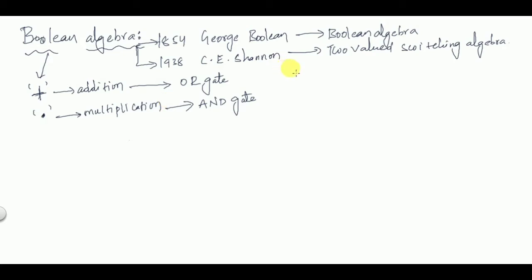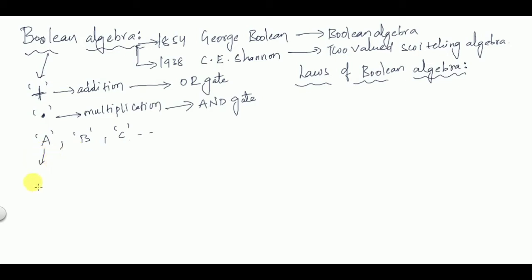Next, the laws of Boolean algebra. Each letter or symbol, A, B, C and so on, is used to represent 0 or 1.